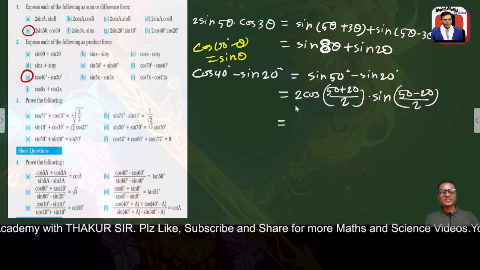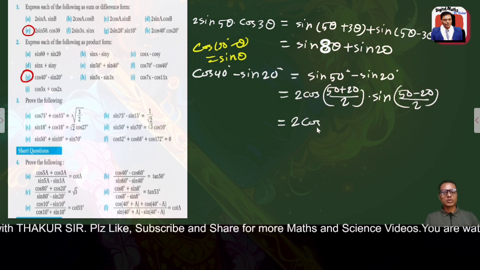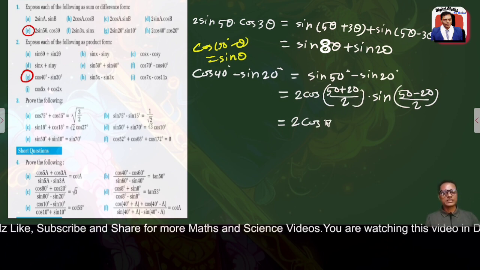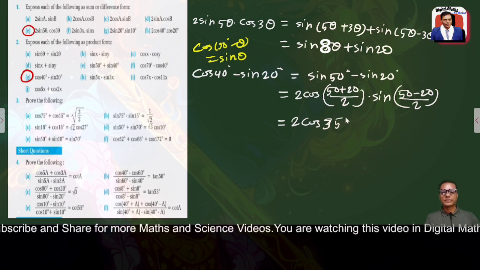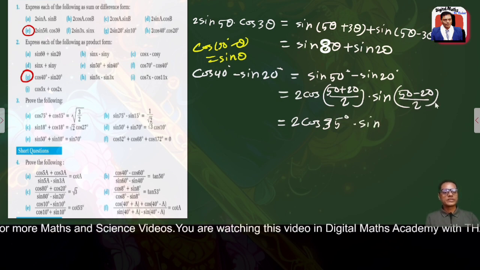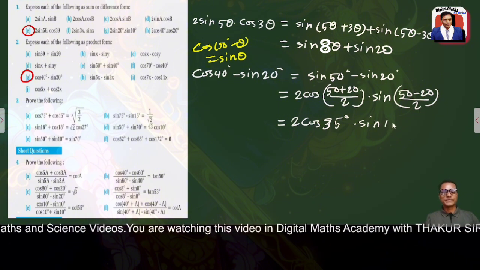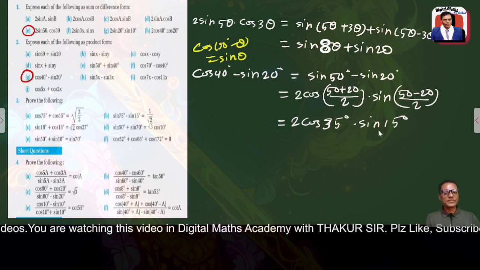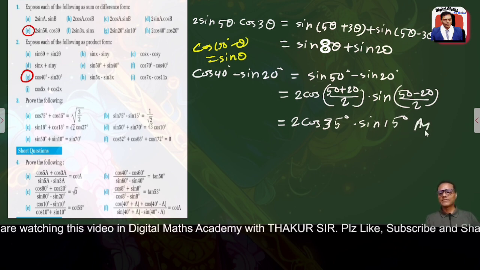The simplification gives us 2 cos of (50 plus 20) by 2, that is 70 by 2, which is 35, into sin of (50 minus 20) by 2, that is 30 by 2, equals 15. So 2 cos 35 degree dot sin 15 degree is our answer.